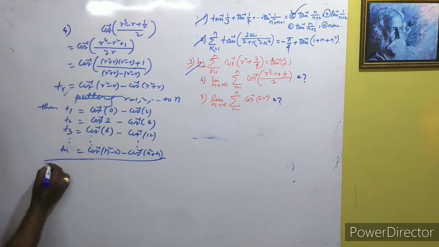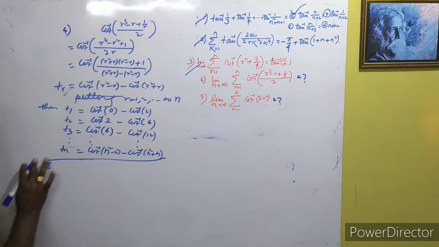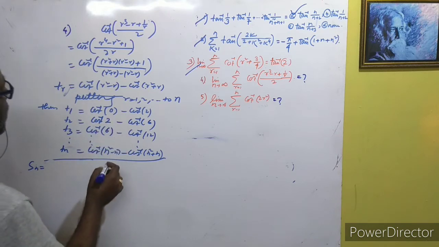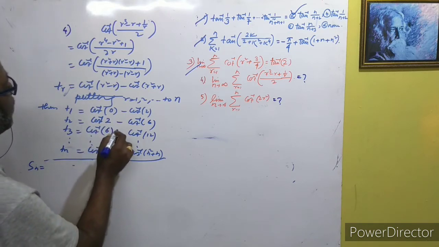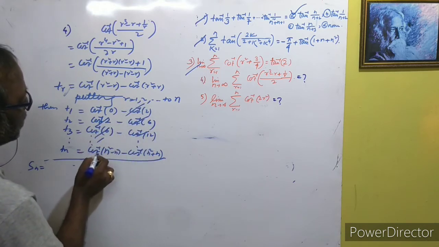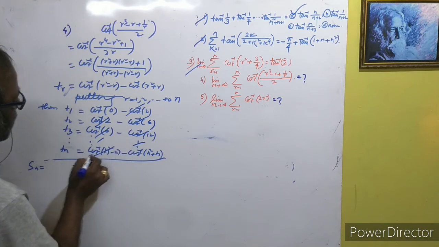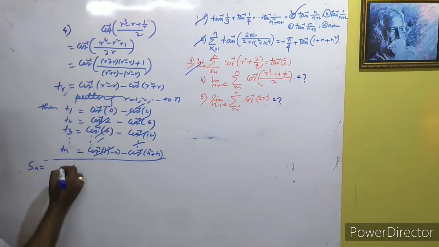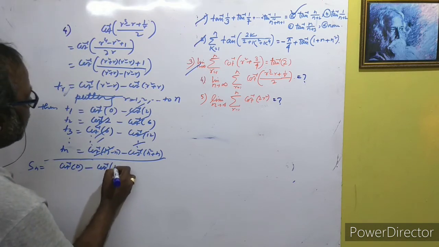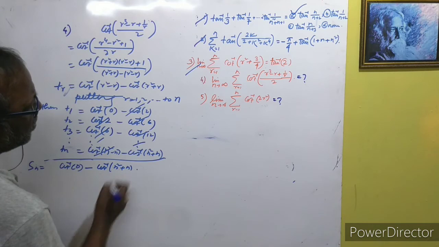And take the sum, this summation, this is Sn. Look here, in the summation these terms cancel, these cancel, these cancel, so we have got cot inverse 0 minus cot inverse of n square plus n.